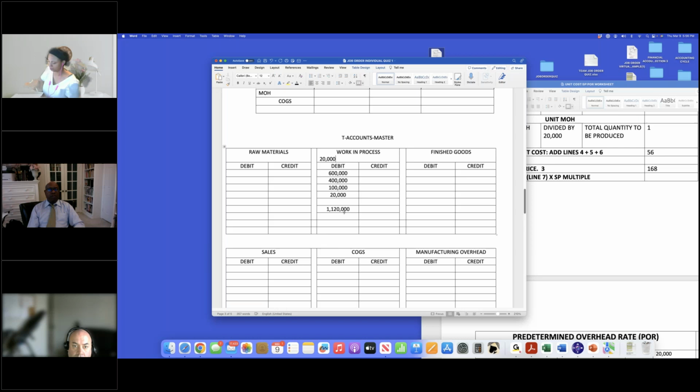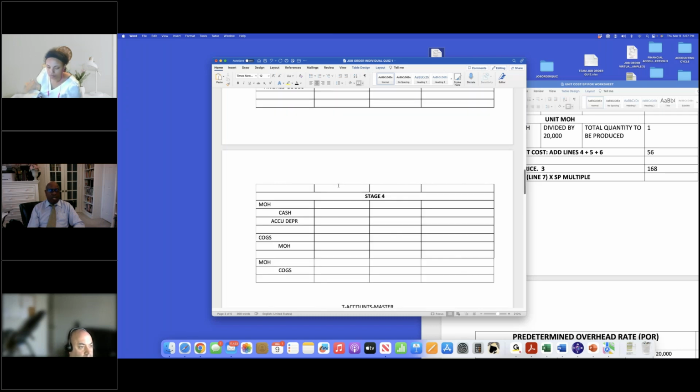And guess what we're going to do? Because we made 20,000, we're going to transfer everything out. We don't have to do any prorating. So 1,120,000 is transferred out.